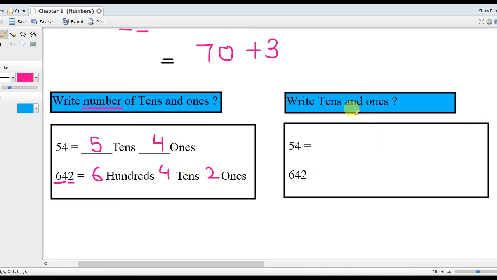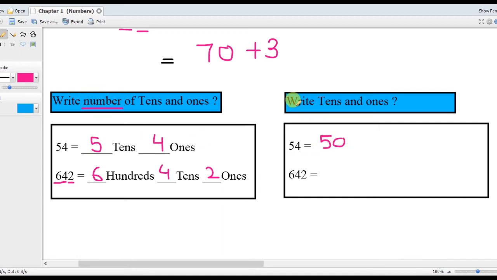Write tens and ones. In this case, we have to directly write tens and ones. How many tens are there? There are 5 tens, which means 50. They did not ask us to write the number of tens, which was the case in the previous question.